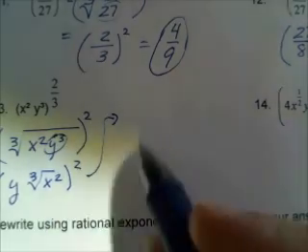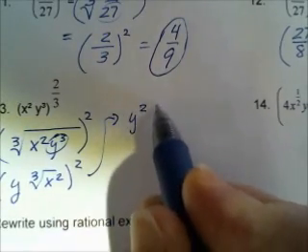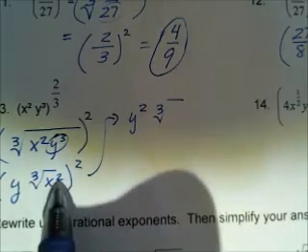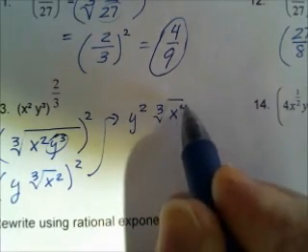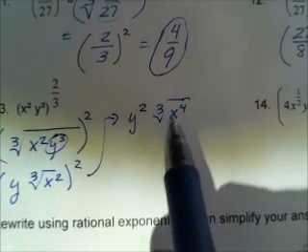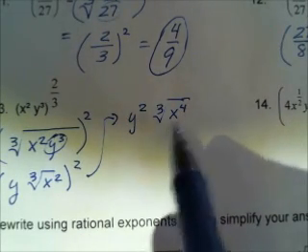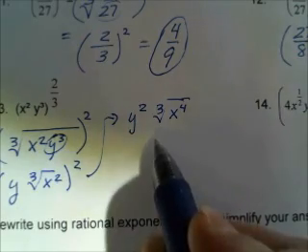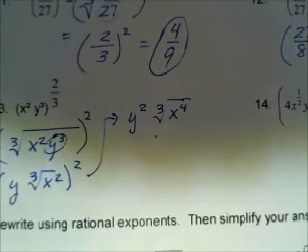Distributing, I get y squared. The cube root of x squared, squared, is x to the fourth. Now we find that we can simplify this, right? What part of x to the fourth is a perfect cube?